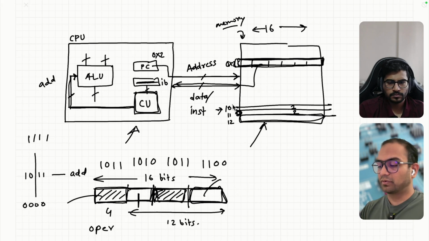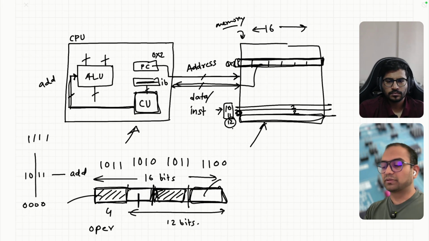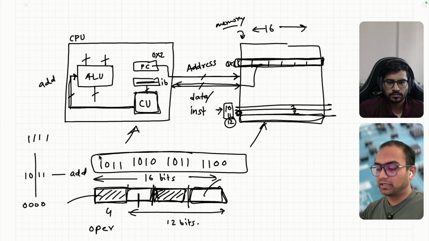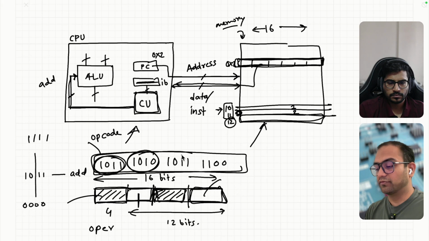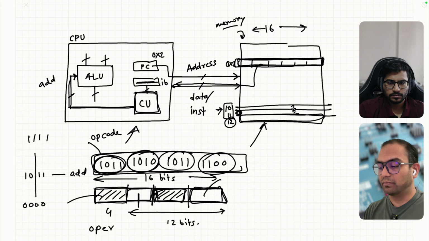So when we are talking about adding the contents of the 10th and 11th memory locations, and putting the summation in the 12th memory location, the bit pattern right here will convey the operation code, the opcode, that is what we call it, followed by the first operand, the second operand, and the third operand. So essentially the value at memory location 10 will appear here, the value at memory location 11 will appear here, and the answer that is generated will be sent back to memory location 12.